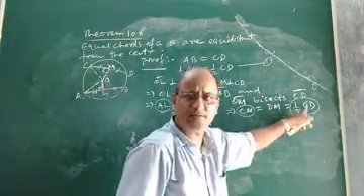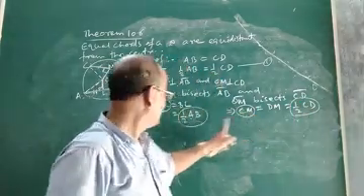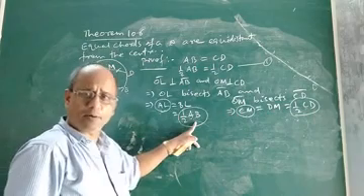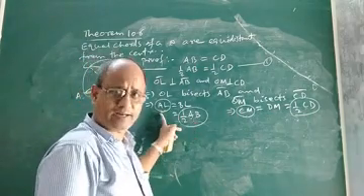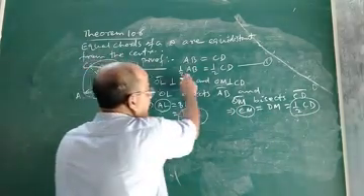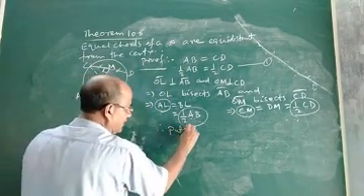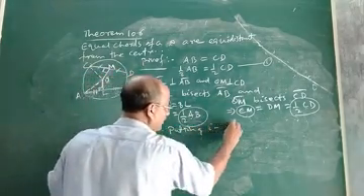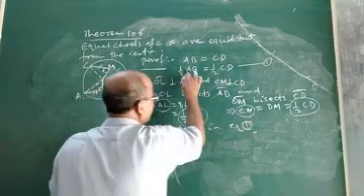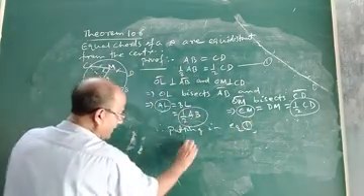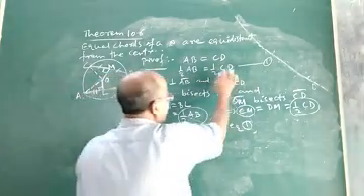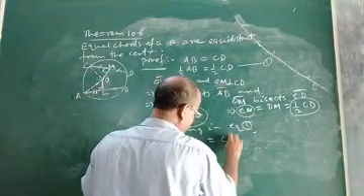Putting this in equation 1, we get AL in place of half AB and CM in place of half CD.